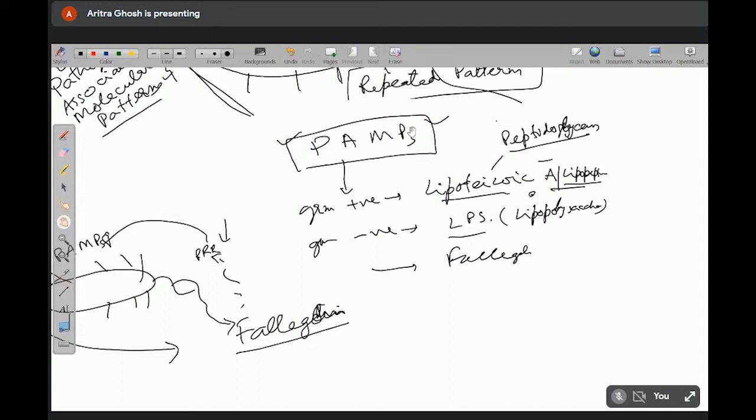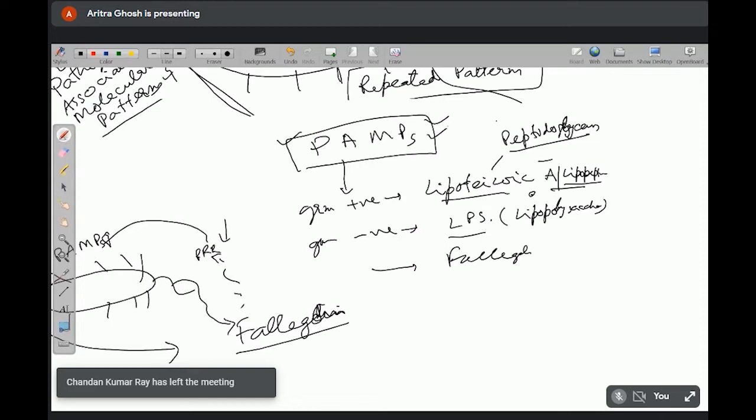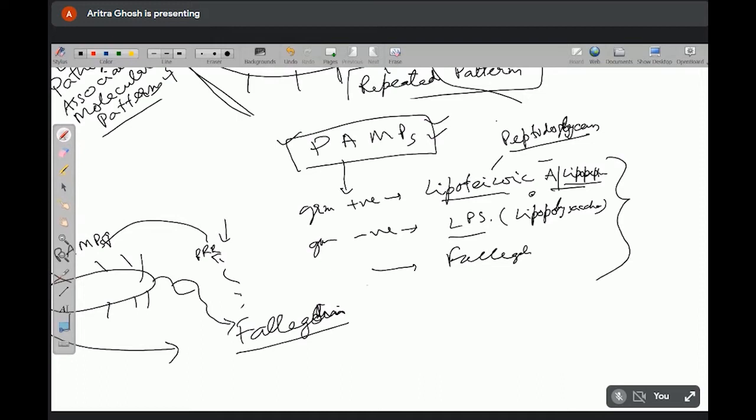Number 2, that is C-type lectin receptor. It is called TLR in short, and this is called CLR.